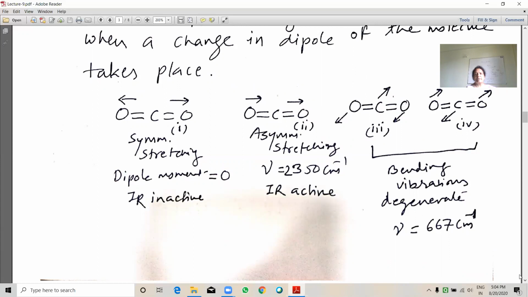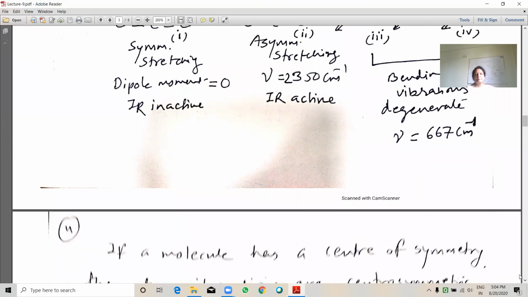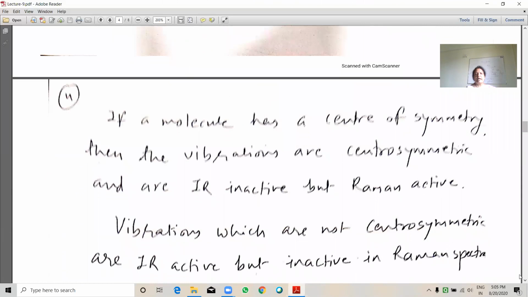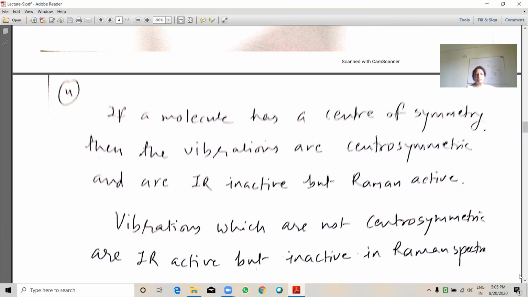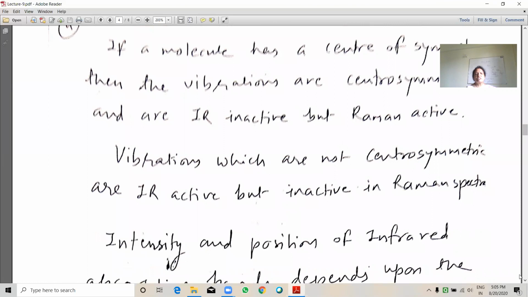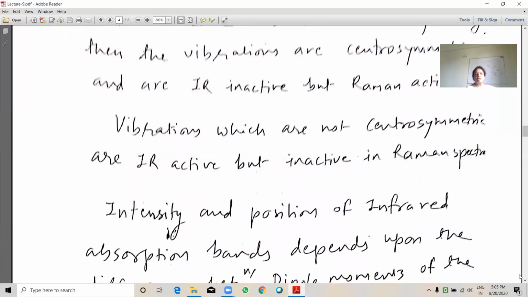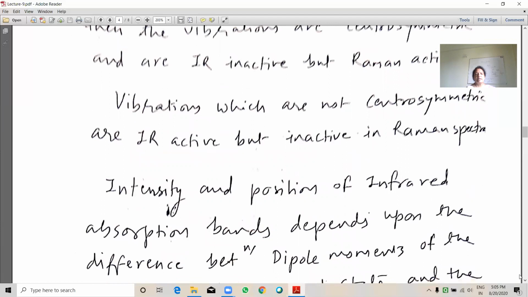Bending vibration in carbon dioxide also gives a frequency of about 667 inverse centimeter. If a molecule has a center of symmetry, then the vibrations are centrosymmetric and are IR inactive but Raman active. Vibrations which are not centrosymmetric are IR active but inactive in Raman spectra.